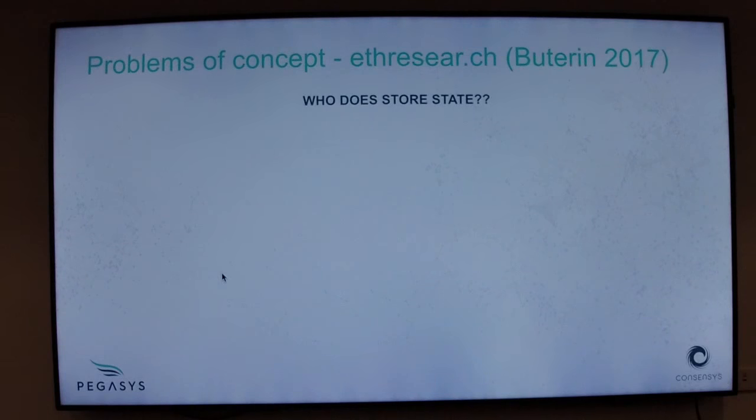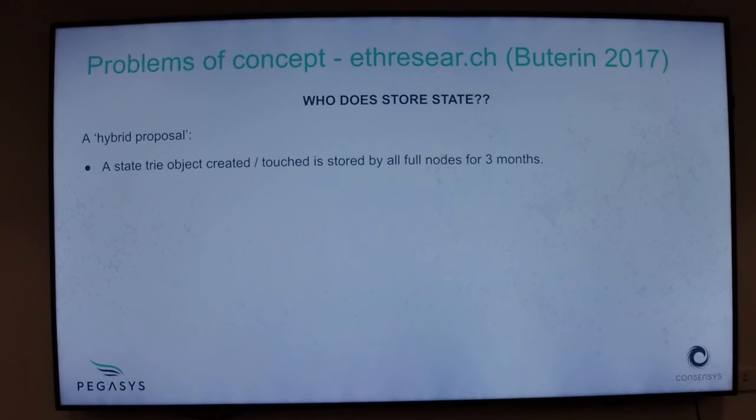So some of the problems that he identified: he talks about a hybrid proposal. A state tree object, if it's touched or created, is stored by full nodes for 3 months. And he estimates that that would probably be about 2.5 gigabytes provided by the network on a voluntary basis.